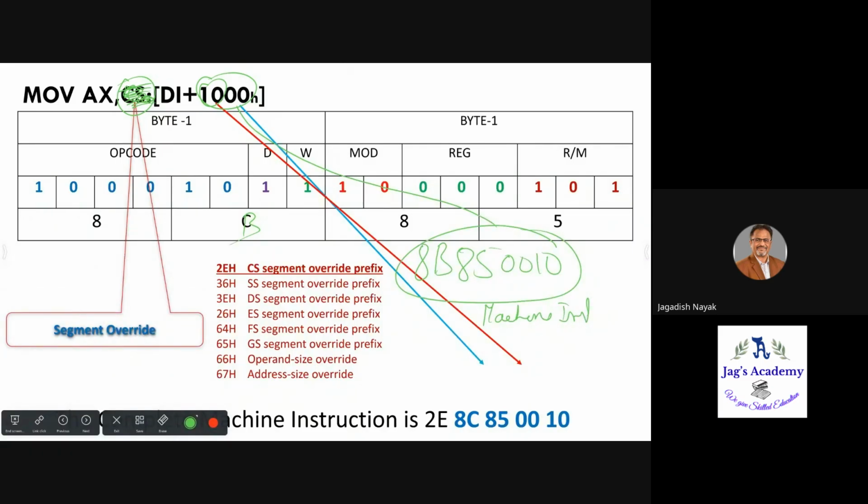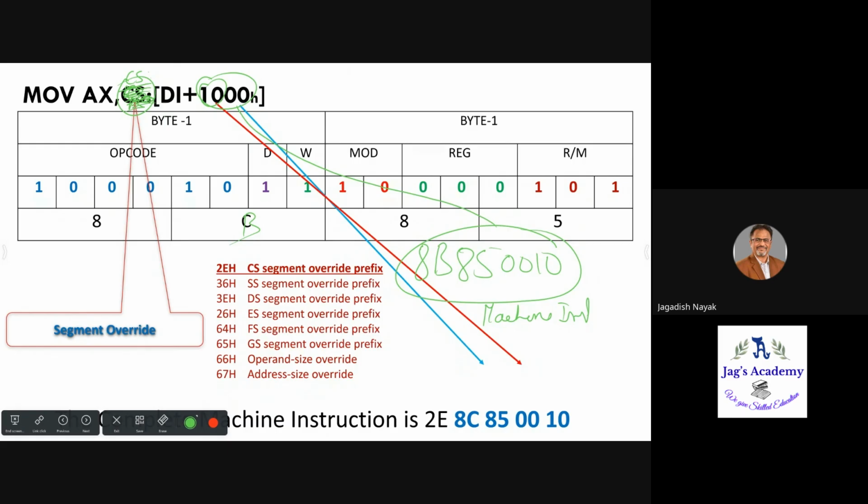But in this case, because you have put this CS colon, you are forcing the data to come from the code segment. So since you are forcing it and you have mentioned it in the instruction, your machine instruction will have a prefix.